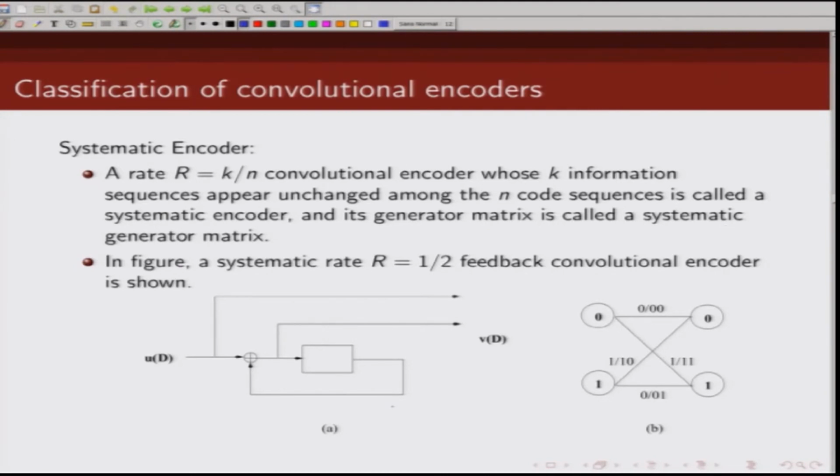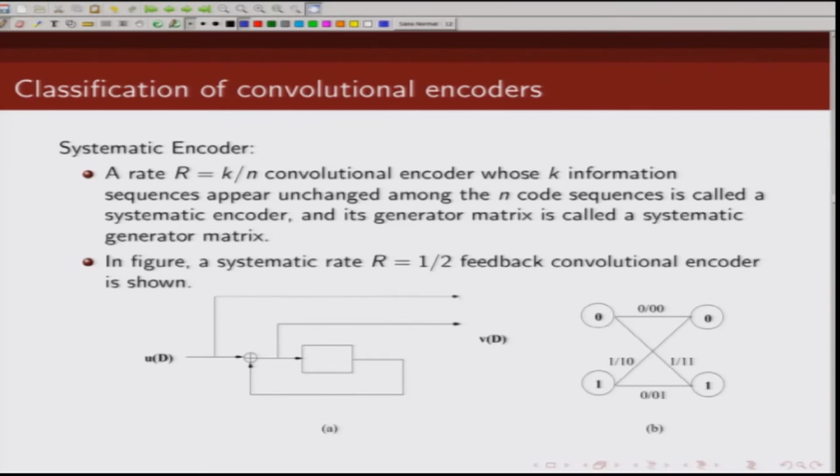Take example of this rate 1/2 feedback encoder. You can see there is one input and there are two outputs. So, it is rate 1/2 and it is a feedback encoder. There is a feedback from the output to the input side.